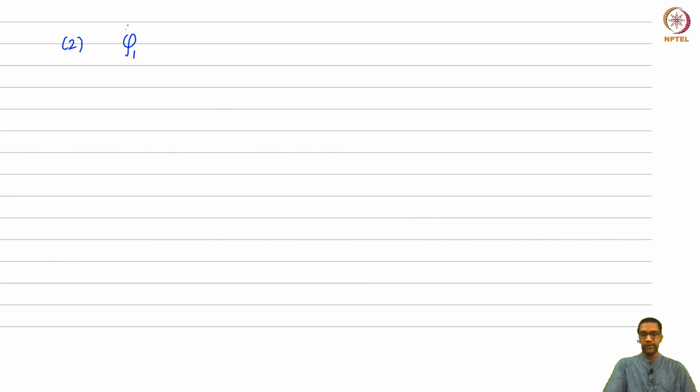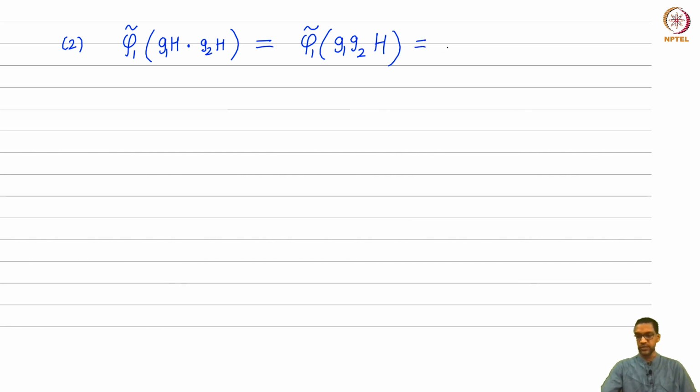So let's check phi 1 tilde. How do I check it's a group homomorphism? I take a product of two cosets. The product of two cosets, if you remember, is just the coset of g1g2. H is a normal subgroup, and this is how you define the product of two cosets. Now this by definition is just phi 1 of g1g2. But phi 1 was a homomorphism to start with, so this is phi 1 of g1 times phi 1 of g2.